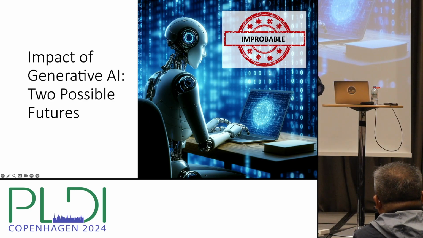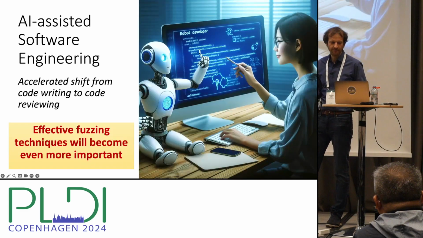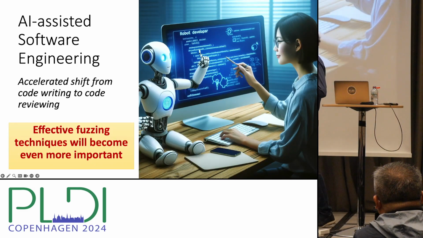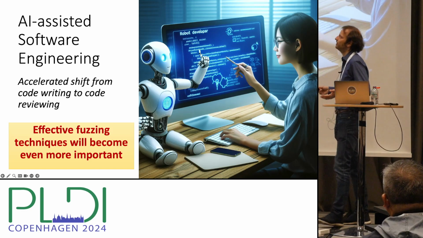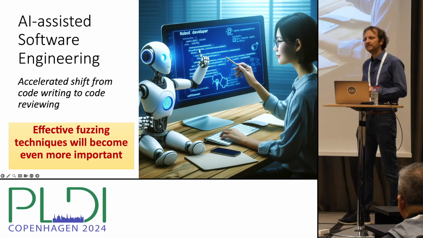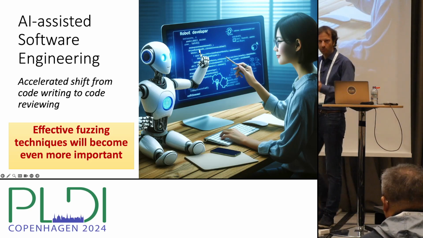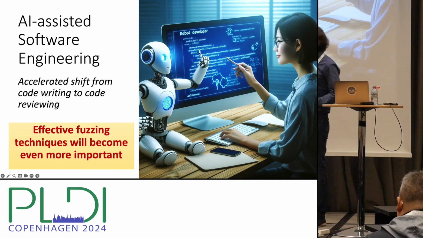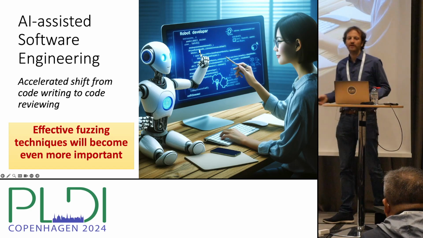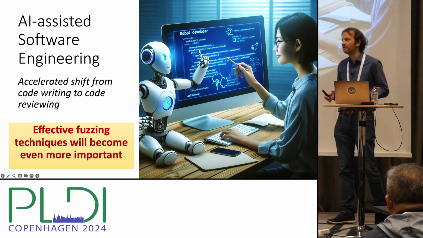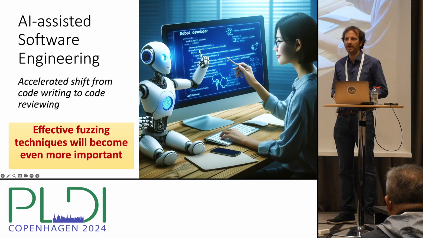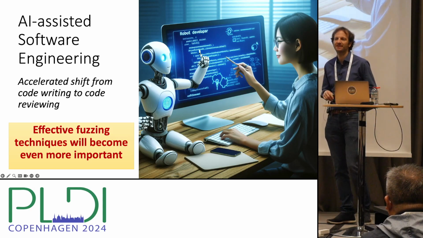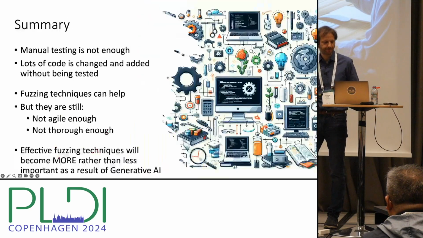I think the more likely future is AI-assisted software engineering. Here we're going to see a very accelerated shift from writing code to reviewing code that AI has generated for us. And I think in this future, effective fuzzing techniques will become even more important than they are today, given the amount of code that will be AI generated.